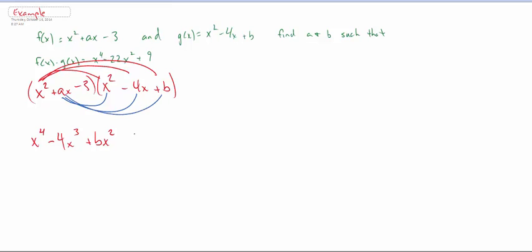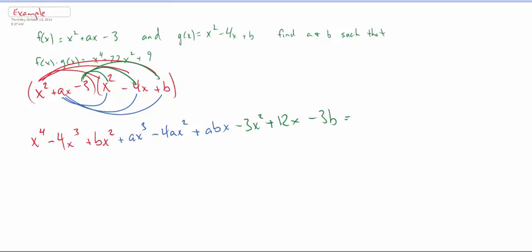So ax times x squared would be ax cubed, minus 4ax squared, plus abx. And then finally we do the negative 3 times each of those, so minus 3x squared, plus 12x, and then minus 3b.